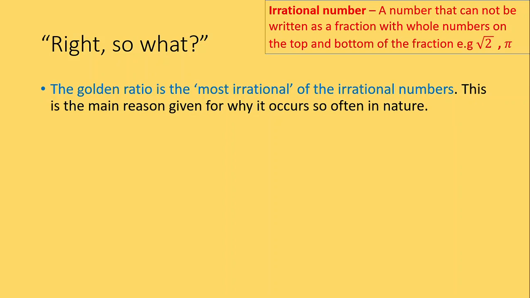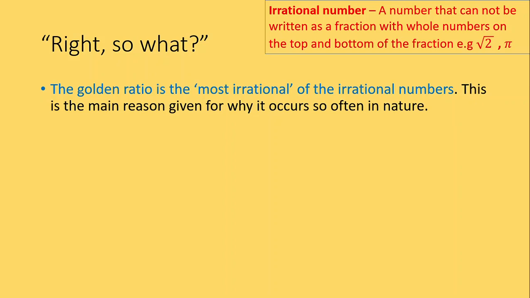So if you don't know what an irrational number is, it's a number that cannot be written as a fraction, with a whole number on the top and the bottom. So a better example that you might know is pi, that you use when you're calculating area and circumference of your circles. And because it's the most irrational of all the irrationals, this is the main reason given for why it occurs so often in nature.